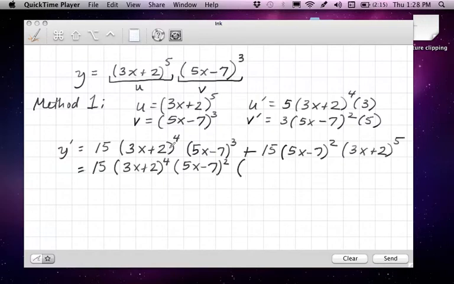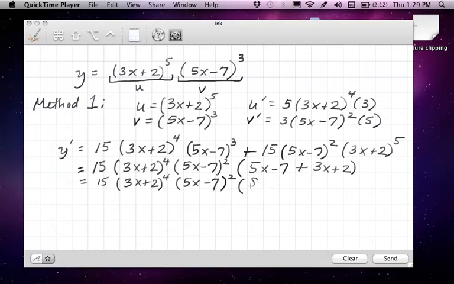So if I factored out 4 of these and 2 of these and 15, all I'm left is 5x minus 7 for the first term, and then 15, and then I've got 2 of these and 4 of these, so I have just one of those left over, 3x plus 2, and I'm left with 15 times 3x plus 2 to the fourth times 5x minus 7 squared, 8x minus 5. And that's perfectly fine. There's nothing wrong with it. That's really not too bad. So there's my answer.